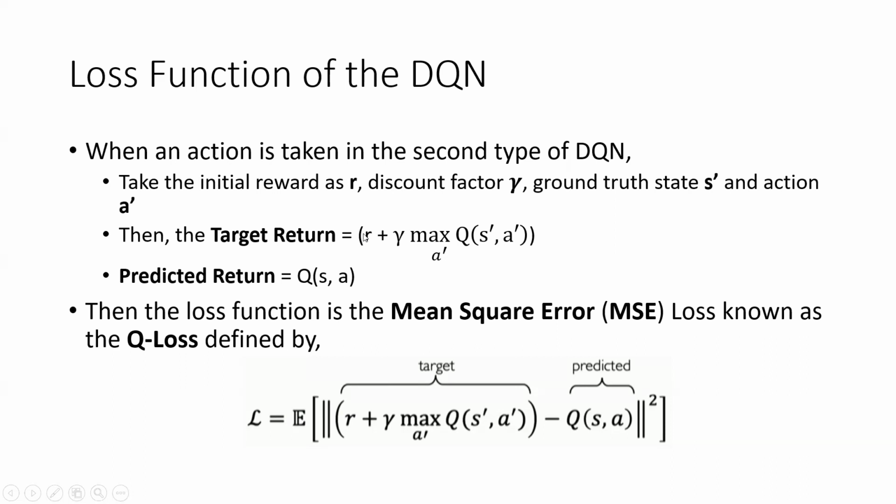So you have to add that return, sorry, return that was up to now, and once you do it now, do this particular action, what would be the target return?